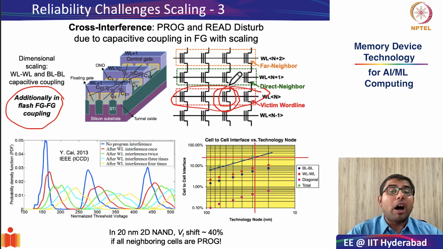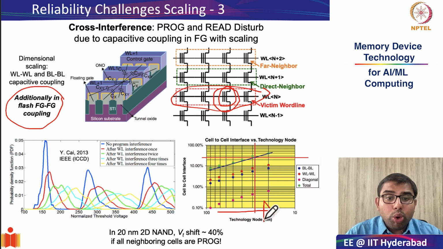And what people have found out essentially is that as you reduce technology nodes, as you go from 100 nanometer to close to 20 nanometer, the cell to cell interference increases from roughly 1% to more than 40%.